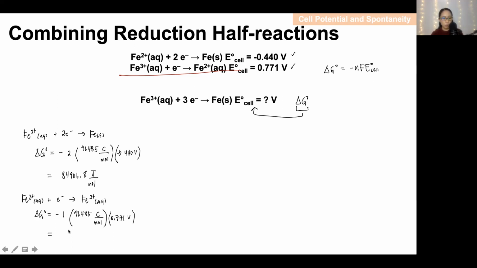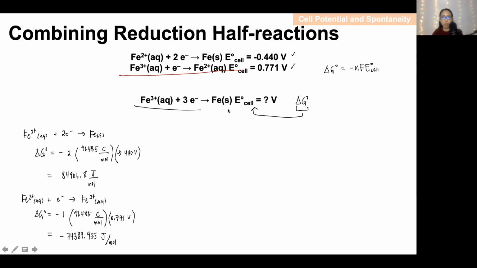So we get negative 74,389.935 joules per mole. So again, we add the two half reactions.